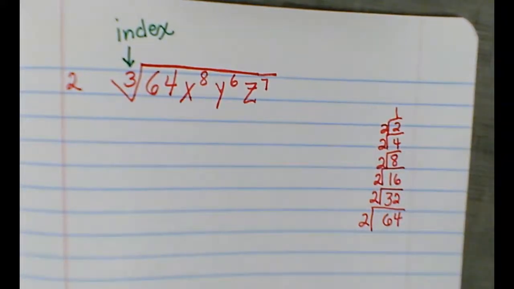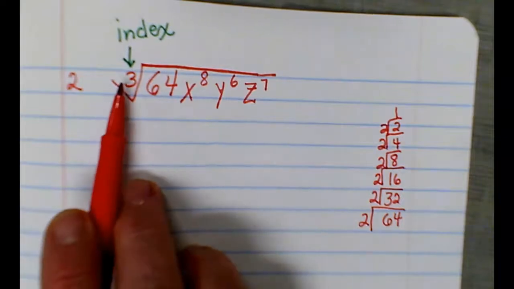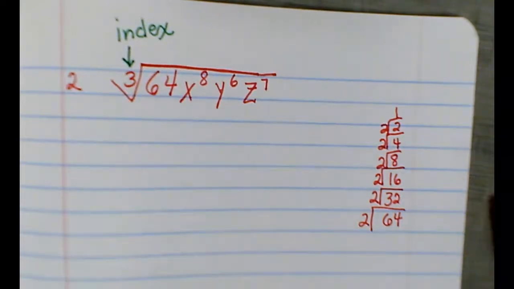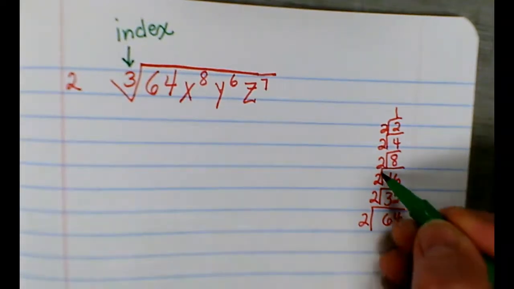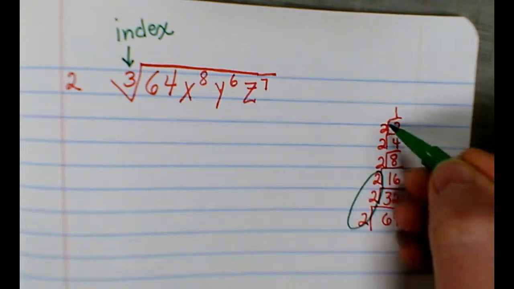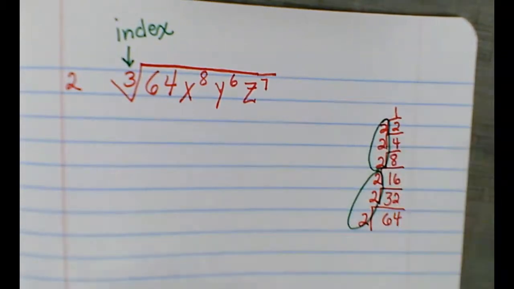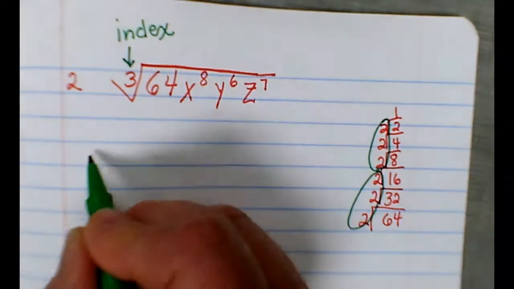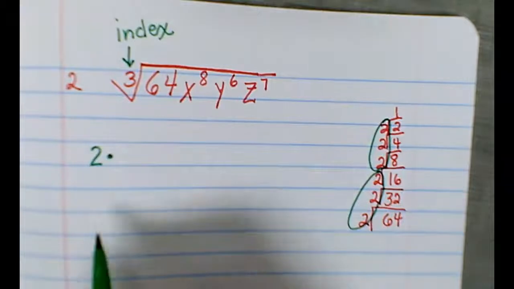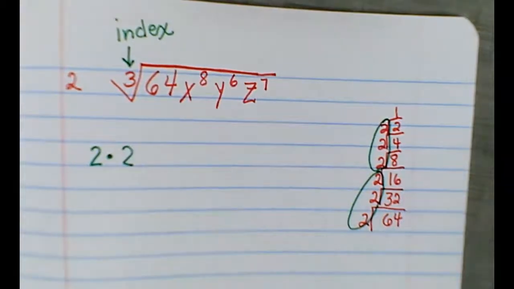And instead of pairs, when you have an index of 3, you are looking for groups of 3. So I have a group of 2's and another group of 2's, and the only thing I have left over is a 1, and the cubed root of 1 is 1, so I don't have to worry about it.